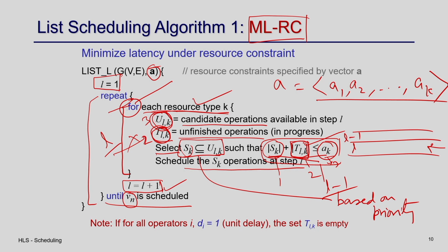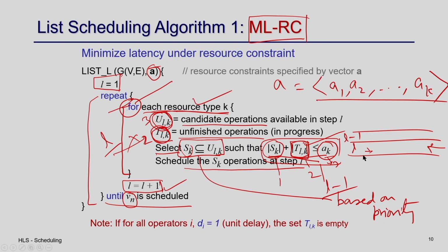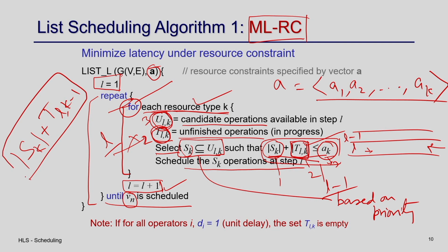So, that means for timestamp L minus 1, the number of running operations plus the operations you added is less than or equal to A K, and those operations at max can run in this timestamp, right. So, whatever your S K plus T L K minus 1 was, the operations you were running in L minus 1, this will become your T L K at most.